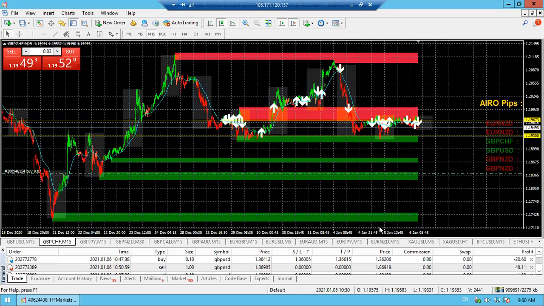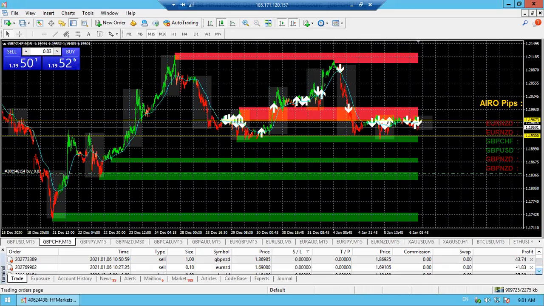And meanwhile, I caught this buy trade last week. I caught this buy trade here, and the trade has been going my direction. And right now, I think what goes up must come down, so I'll be closing that GBP JPY trade.